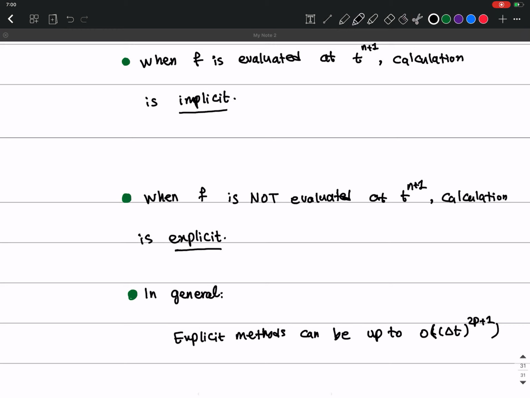And this is in general for one-stage multistep methods, and this is not for multi-stage methods.